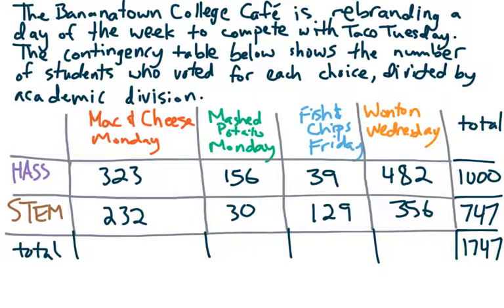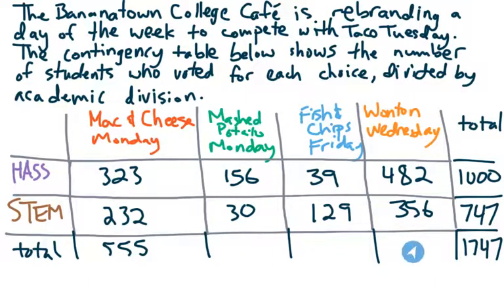So then the total of the Haas majors and the STEM majors from these subtotals is going to be 1,747 students total altogether. When I add up each of the column subtotals, starting with 555 votes for Mac and Cheese Monday, the total of the column subtotals should also be 1747, so you can check your work like that.